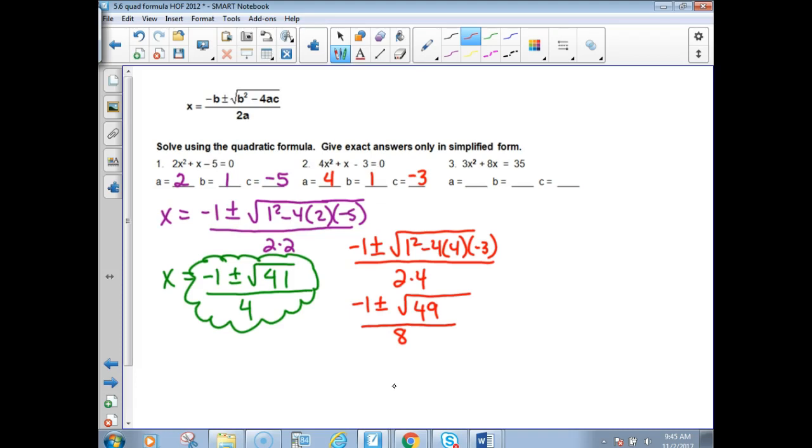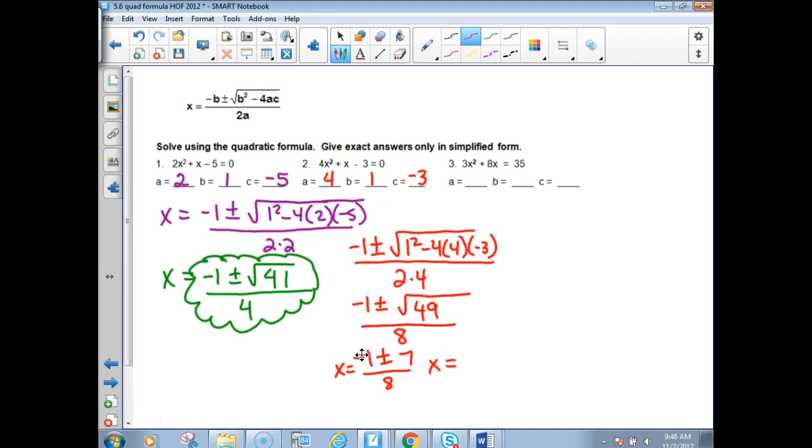We have more work to do because we do know the square root of 49. We have -1 plus or minus 7 over 8. And these are x values. So x is going to equal, now we have to finish off the 2 solutions.